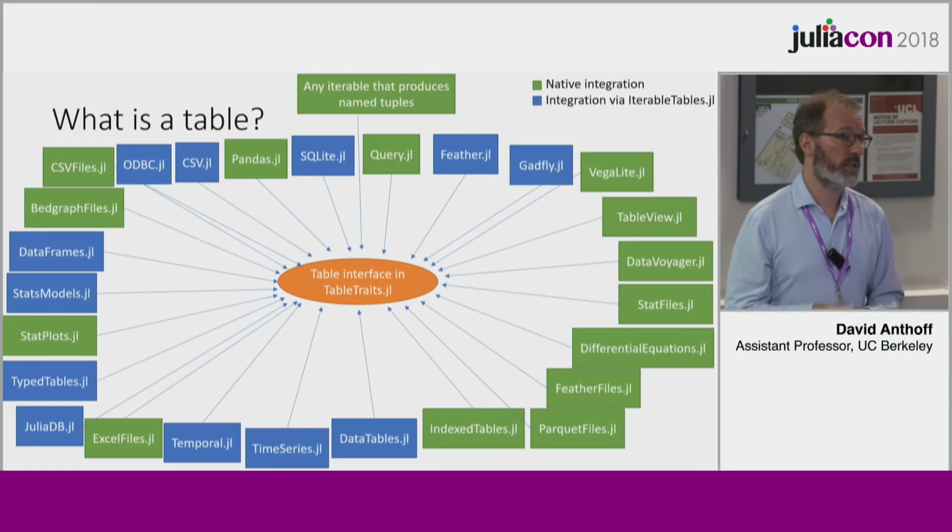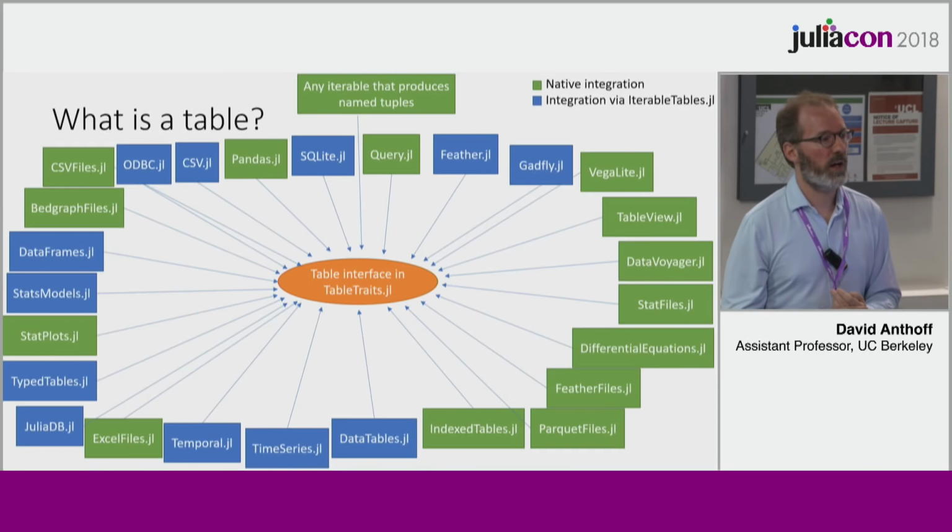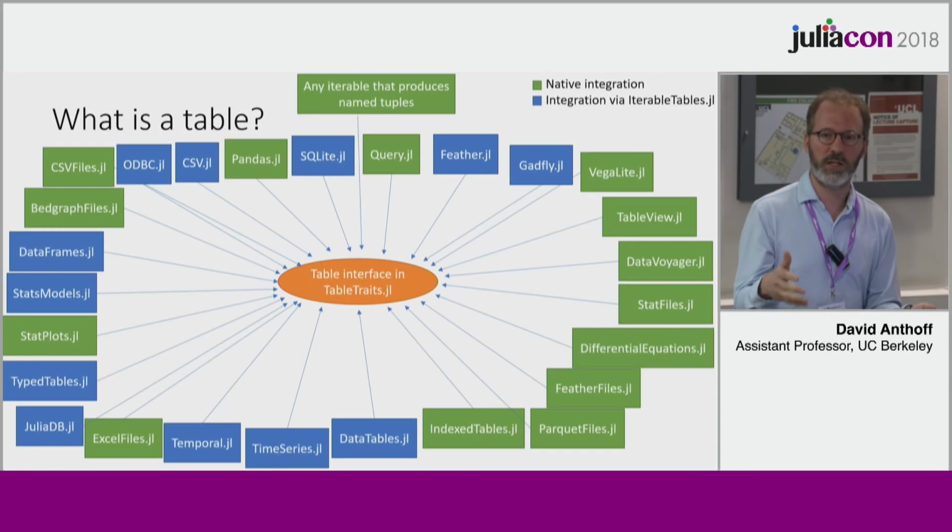For the other packages that did not want to take a dependency on that, I created a package called iterable tables, which essentially patches the iterable table interface onto those packages. That's one of the things I was very careful about designing. It is not required that you derive from anything. The way the iterable tables interface is designed, you can add it to a type, even if the type didn't opt in originally.